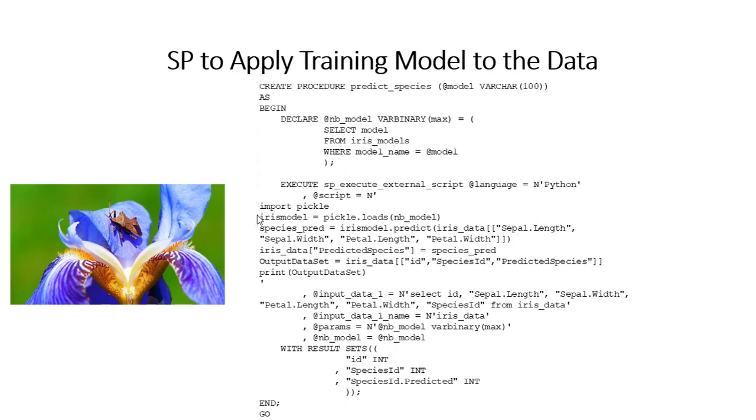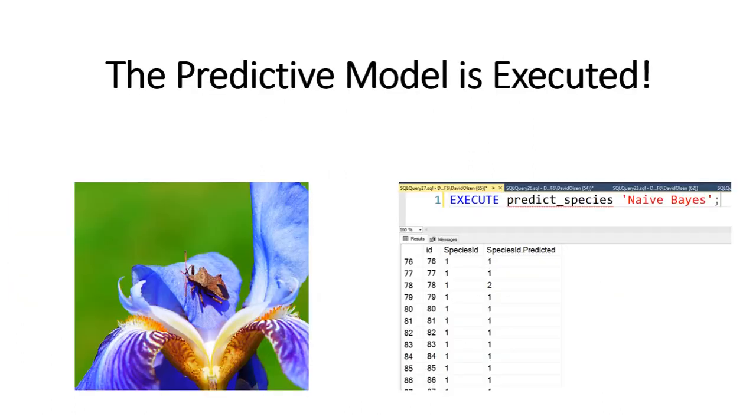Here is where our previous model that we had in the previous stored procedure is loaded. And here we have our output. That's a part of the difference of this stored procedure as well. When we execute that stored procedure, this is our output.